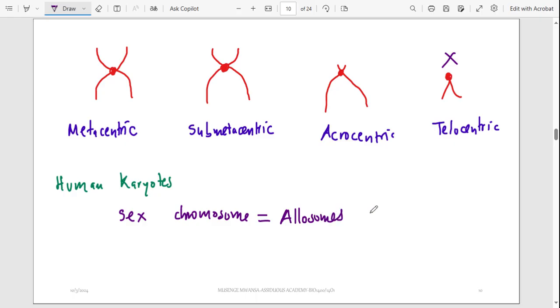You know the X chromosomes, we have X and Y. These chromosomes are the ones which determine if a person is going to be male or female. While the other chromosomes are not sex chromosomes, they just belong to other body parts. So, what do we call those which are non-sex chromosomes?